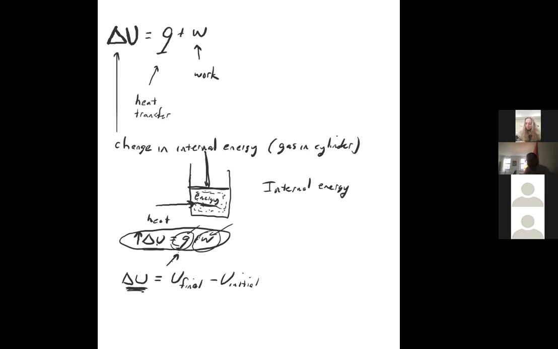Sometimes it's referred to as just energy. I think sometimes the ALEKS problems, they just call it energy. So if they call it energy, the energy of the gas or the internal energy of the gas, they're talking about this right here. Okay? So a lot of background there. So what I'm going to do now is come back and show you a problem because there's a lot of background in that one.